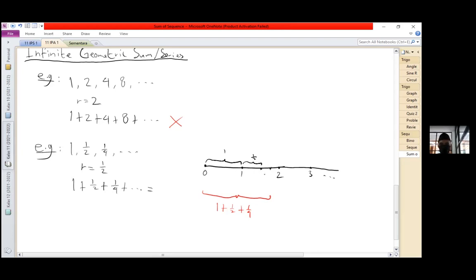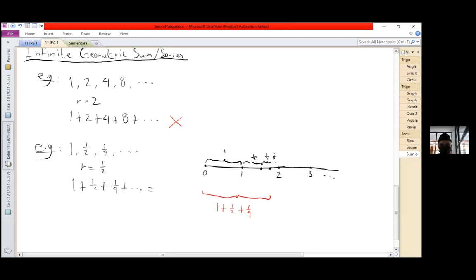Okay, so now we only have from 1.5 to 2, and then when you add 1/4, you actually cover another half. Okay, and then for the next term, you only have from this to 2, and when you add 1/8, you cover half the length of this one.